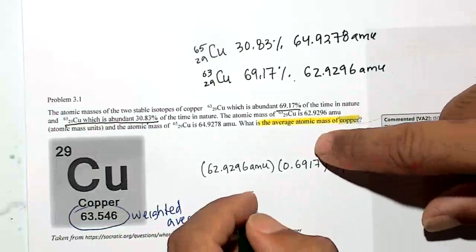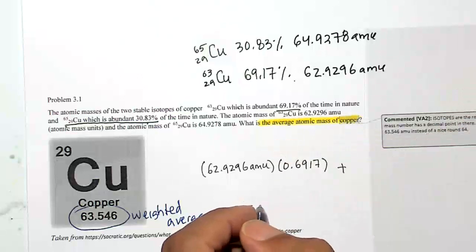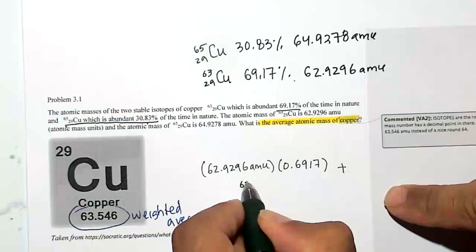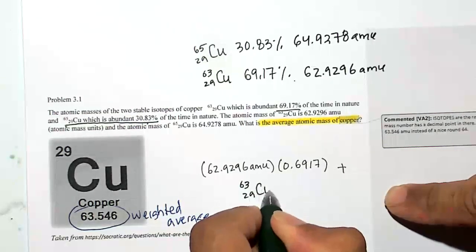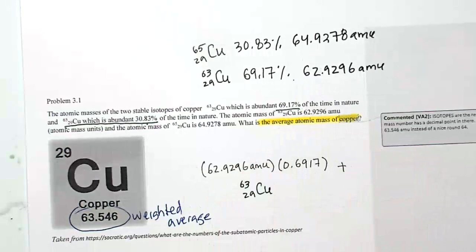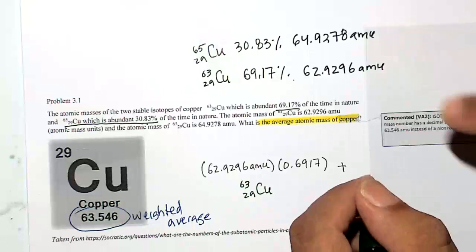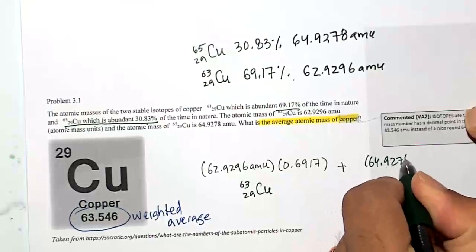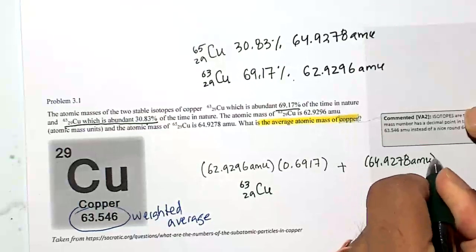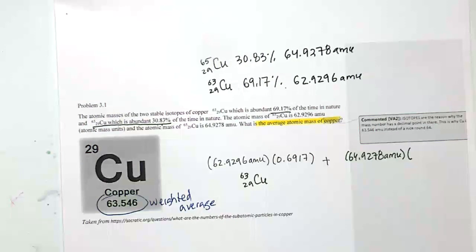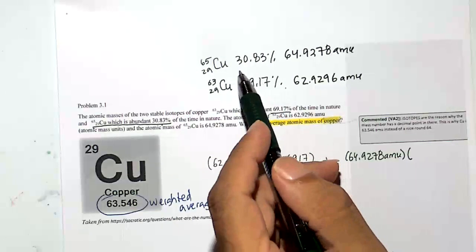Plus, this is the contribution of copper-63. And then we have the contribution of copper-65, the other isotope, and that is 64.9278. And this is 30.83% present in nature.